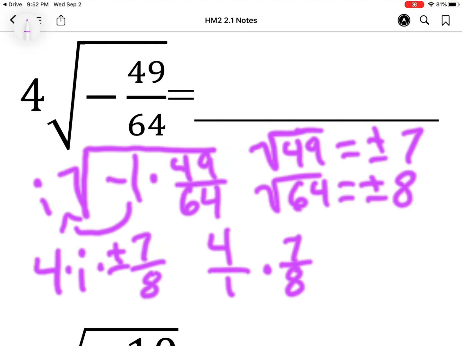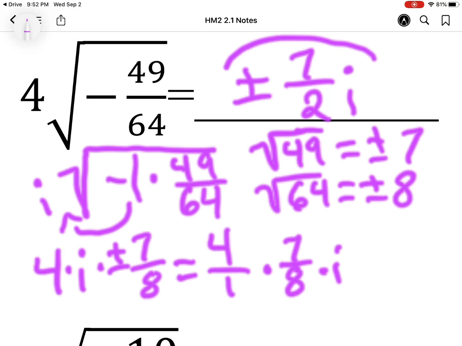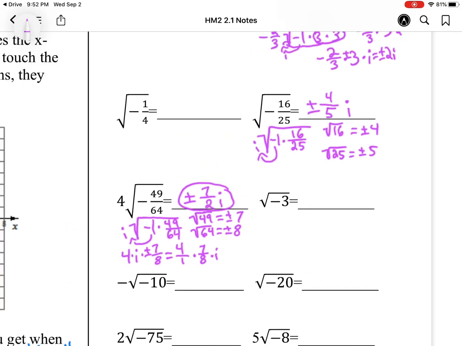So you would simplify, and you would get plus or minus 7 over 2 times i. And that would be your answer.